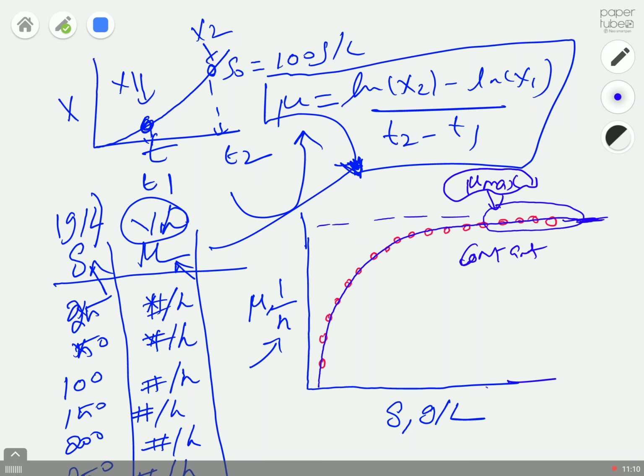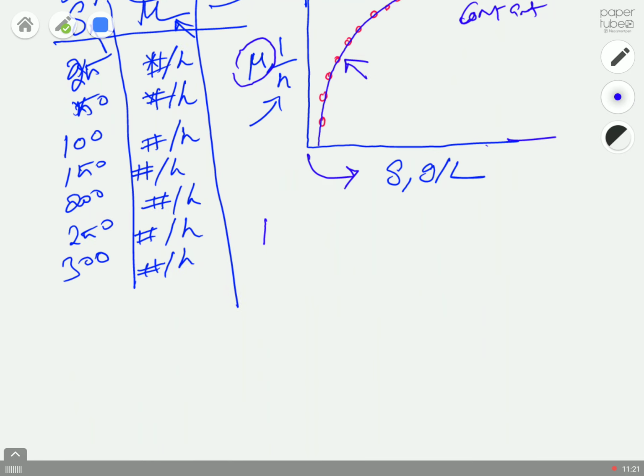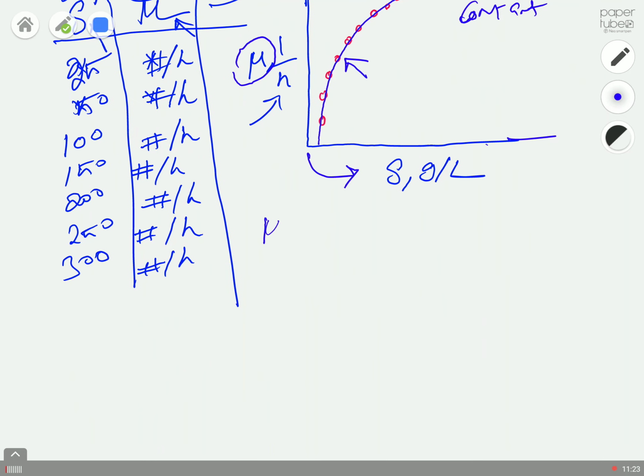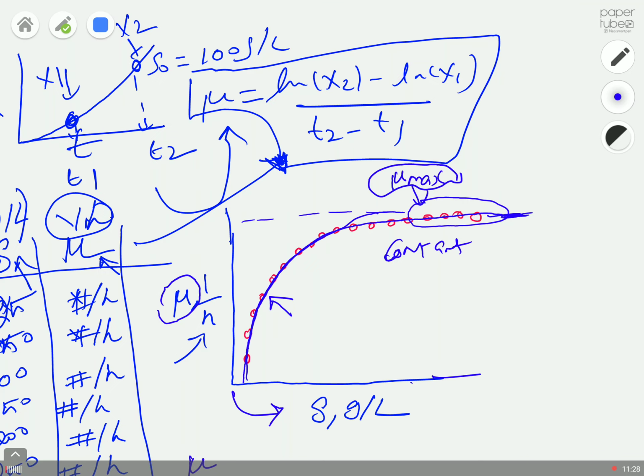And then if you want a relationship between mu, like how your specific growth rate changes as a function of your substrate, you need some mathematical function. If you need a mathematical function that can relate how your specific growth rate changes with respect to your substrate concentration, you need to develop something.